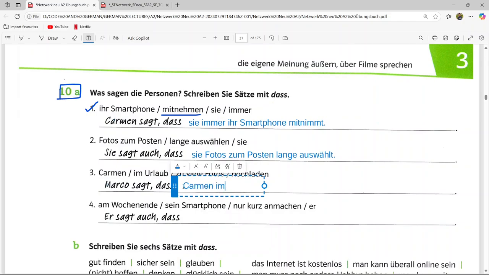Carmen im Urlaub so viele Fotos, then conjugated on the basis of Carmen, hochlädt. Okay.